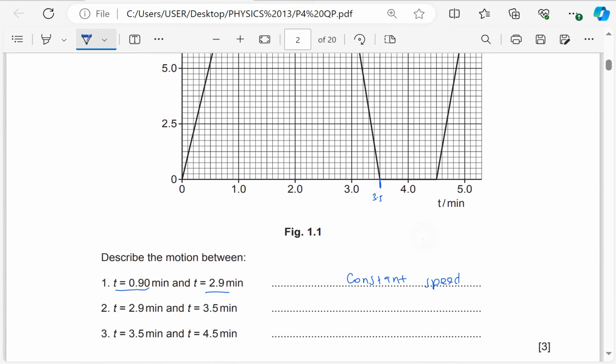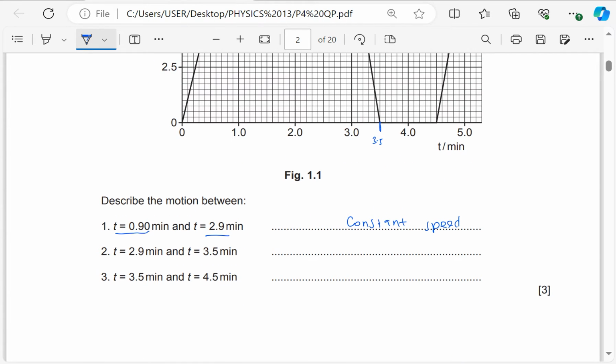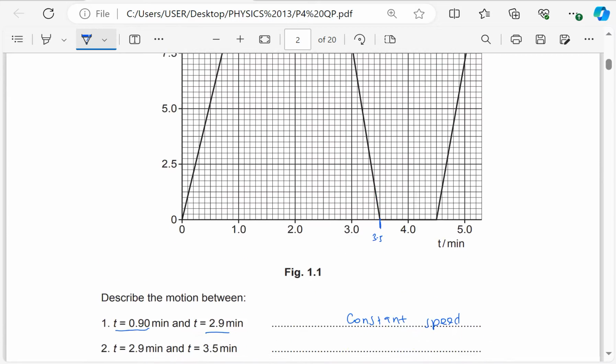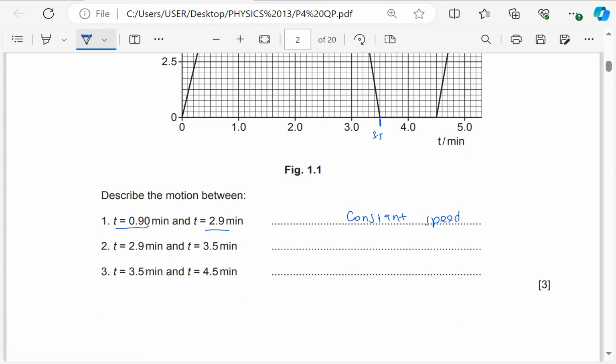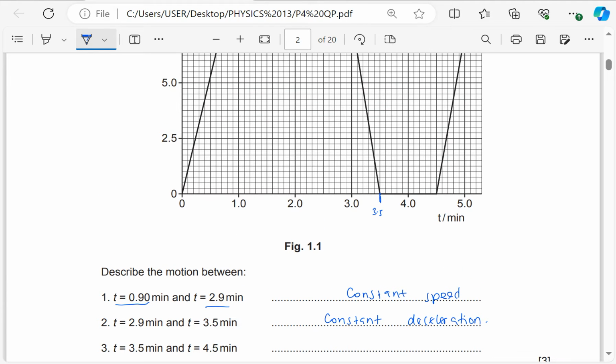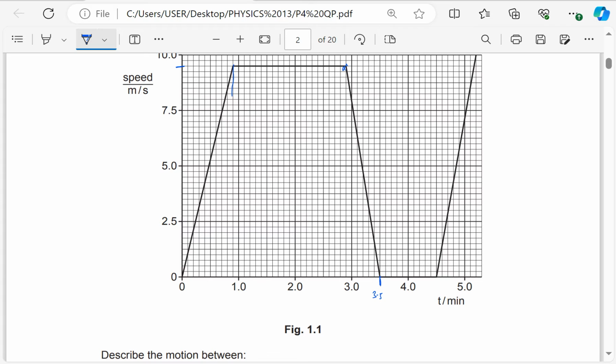So we say constant deceleration from 2.9 to 3.5. It is a deceleration because the speed is decreasing, but because it's a straight line, it is a constant deceleration.